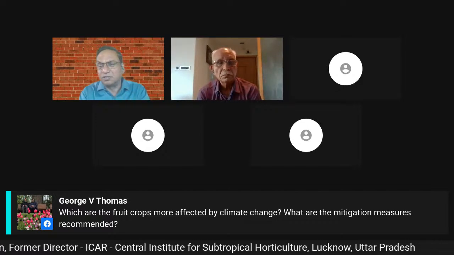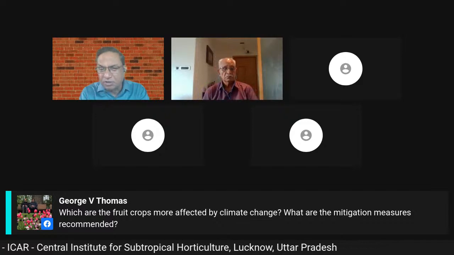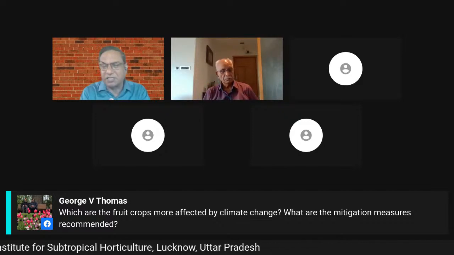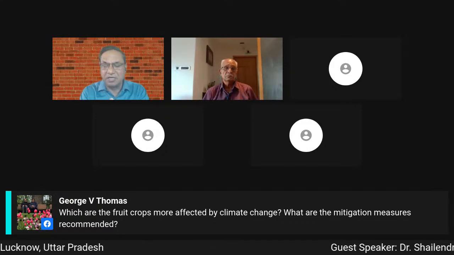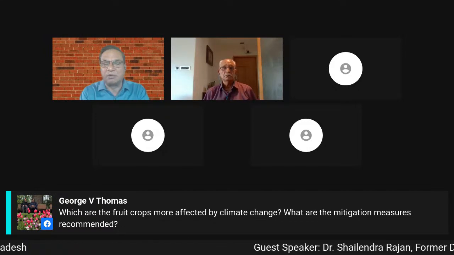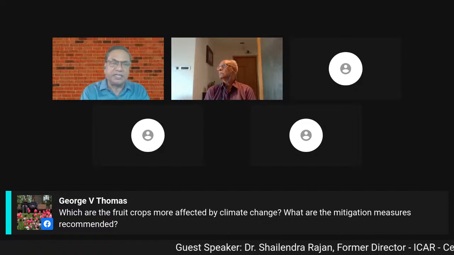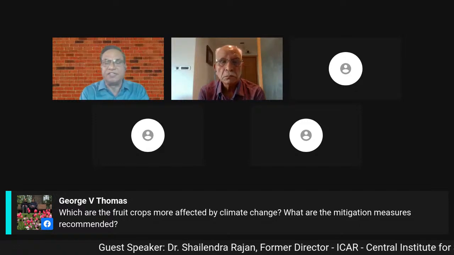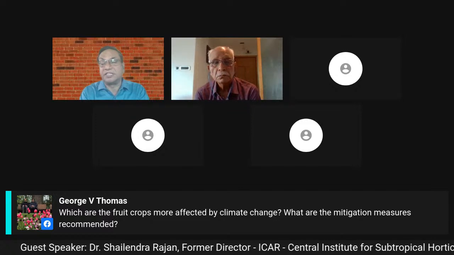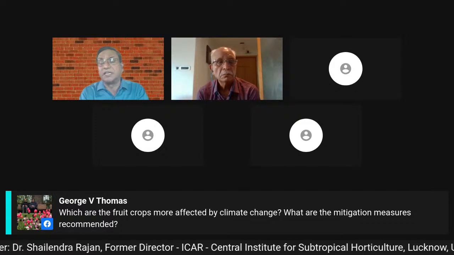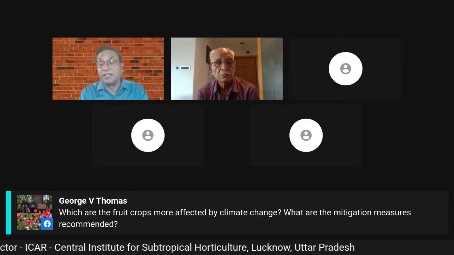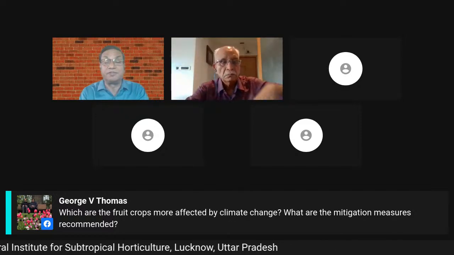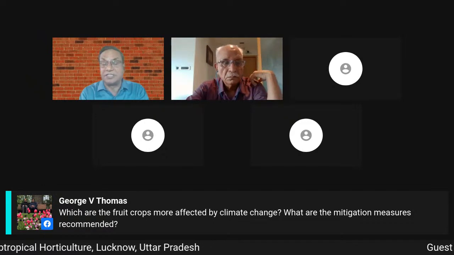In mangoes, the fruit set is poor because of abrupt high temperature at the end of March or April, when the day temperature is about 35 and the night temperature is still about 15 degrees, and embryo abortion takes place. Lots of examples are there in each crop. The story is entirely different, and we have to develop different types of strategies for different crops.